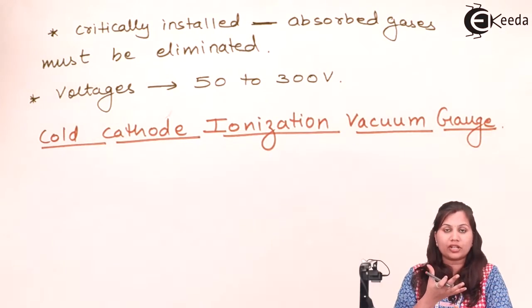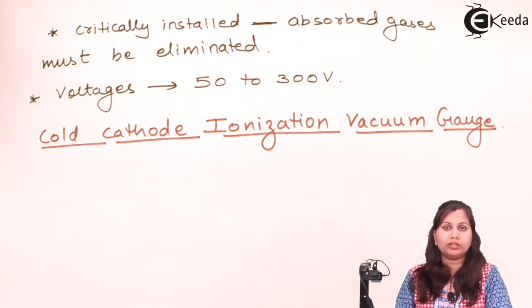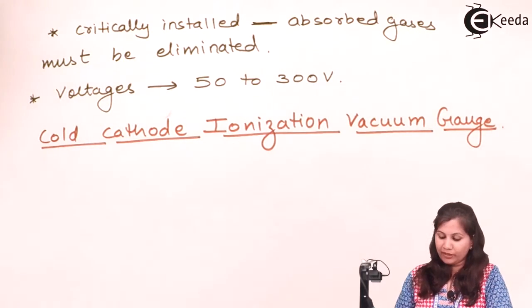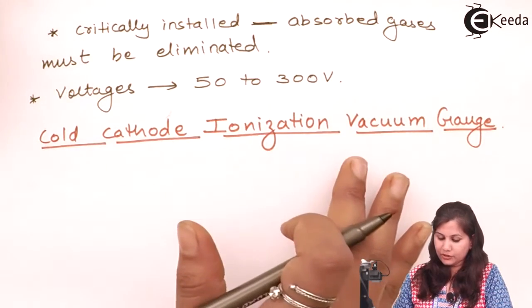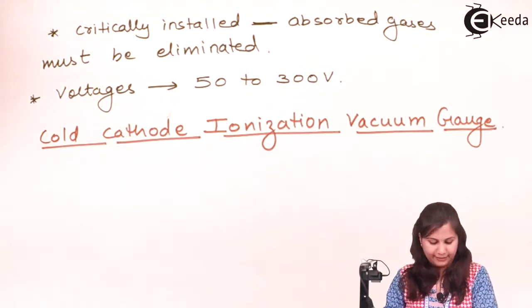So electrons are generated due to thermionic emission. In the hot cathode type, the ions are produced by thermionic emission, whereas in the cold cathode ionization vacuum tube, a very high potential field is used to generate the ions.